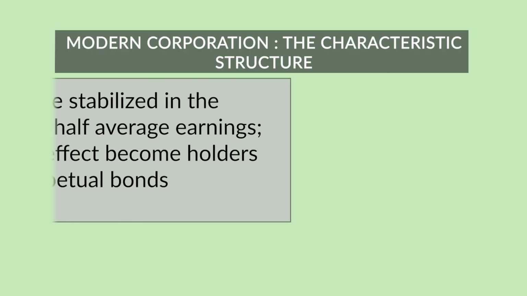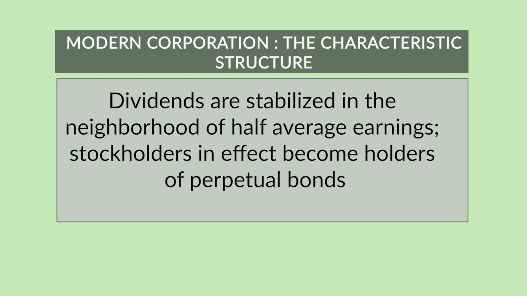Ownership, we find, is disappearing. Stockholding is widely dispersed. There is no single group of persons in or out of management who has a significant control over the corporate action resting on stock ownership. Dividends are also stabilized in the neighborhood of half average earnings.